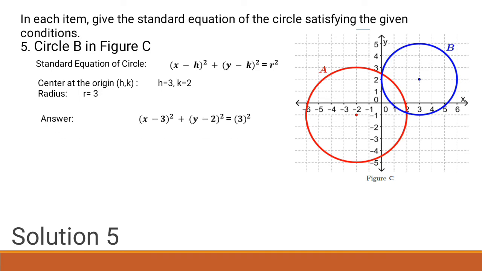And our answer is (x - 3)^2 + (y - 2)^2 = 3^2. So, therefore, our standard equation is (x - 3)^2 + (y - 2)^2 = 9.